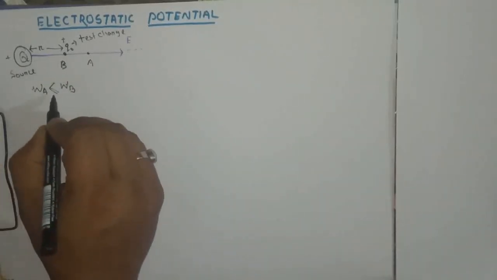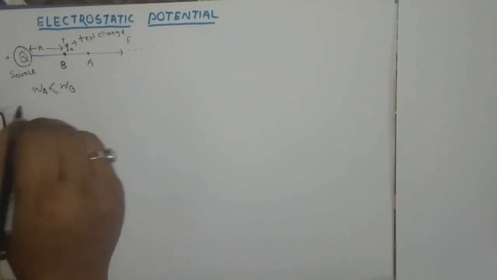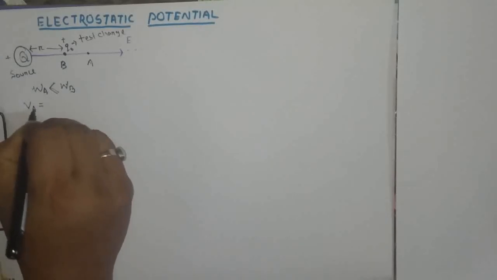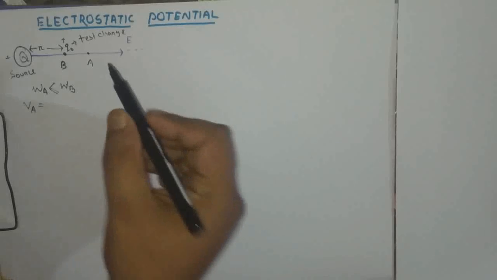Now the question is, what is potential? So potential at the point A. How can I write potential at the point A? Let us write down the definition.